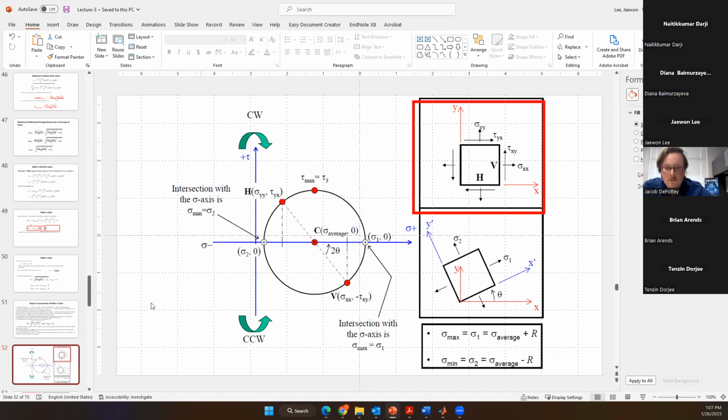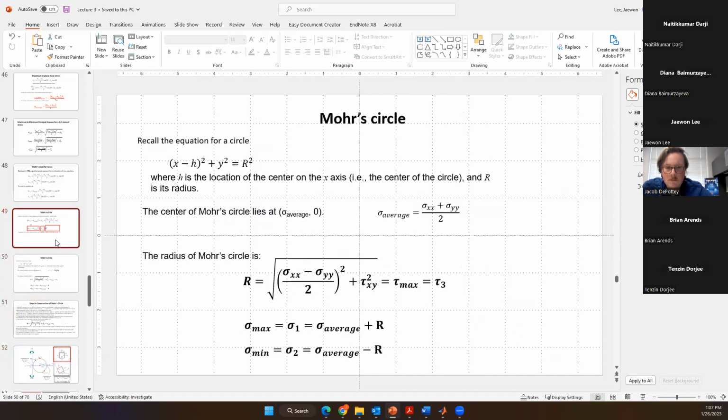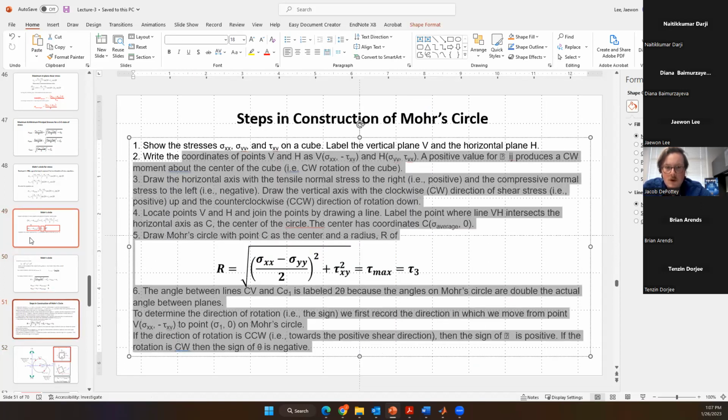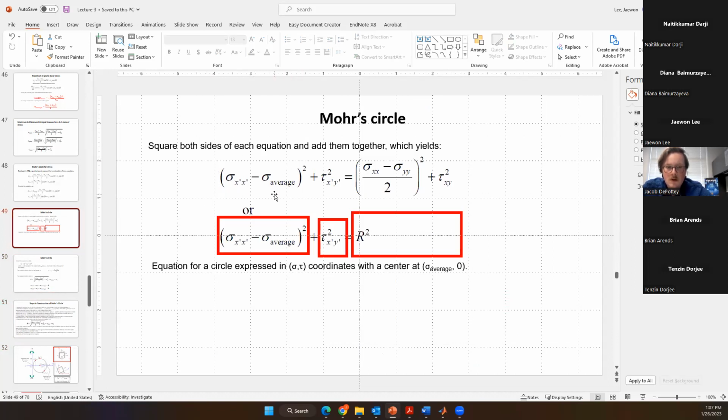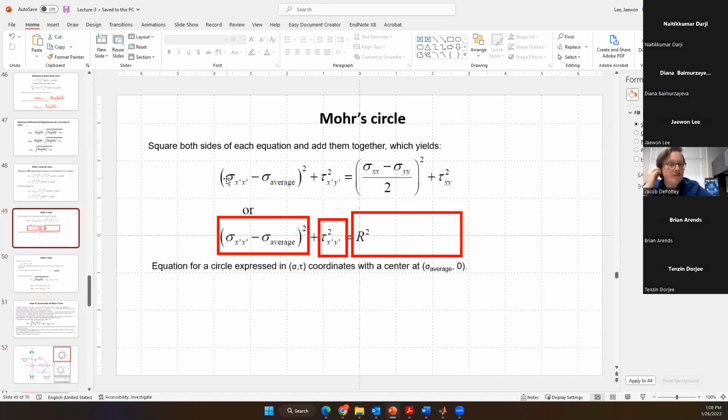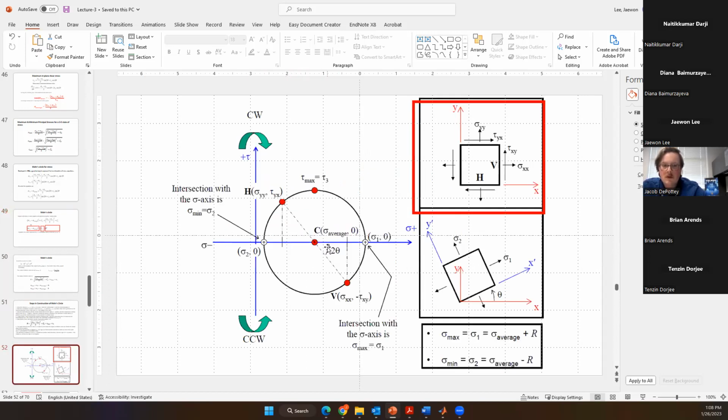Do you know how to draw it? I'm not sure about my explanation, but once you understand these relations, you can easily draw the Mohr circle. If you write this equation first, you can easily locate the center of the Mohr circle, which is the average normal stress.